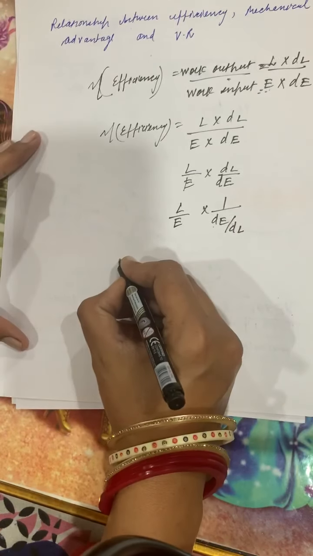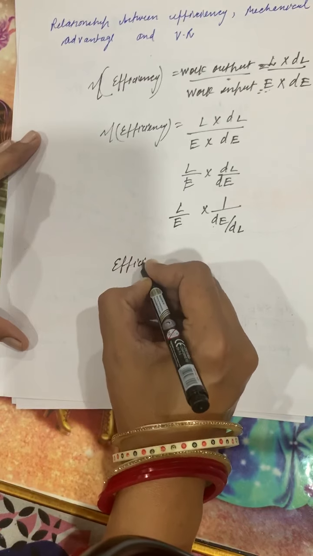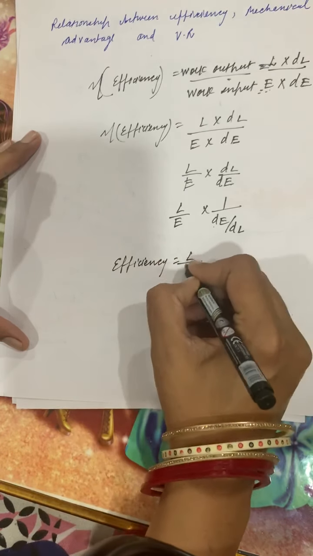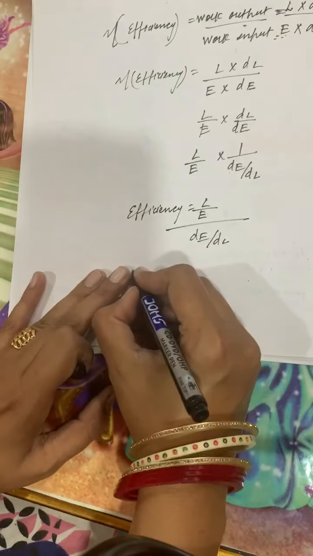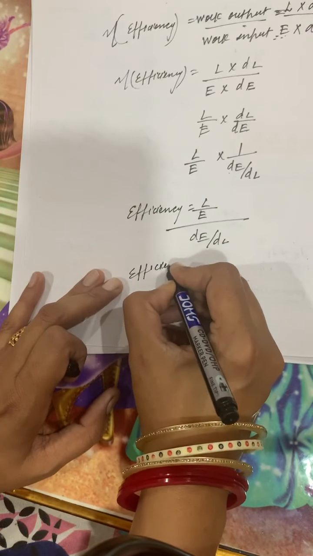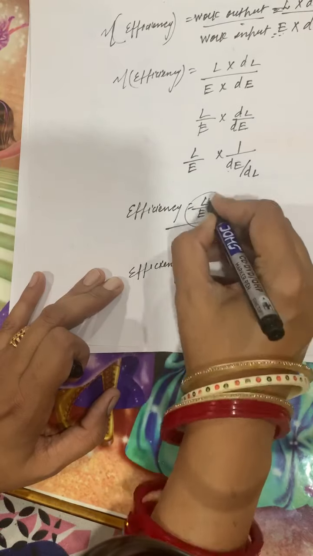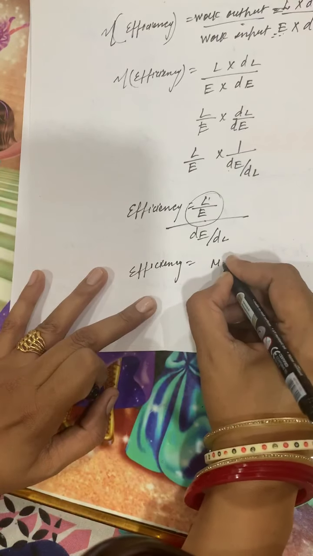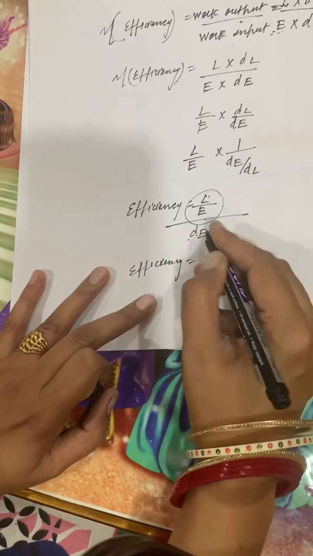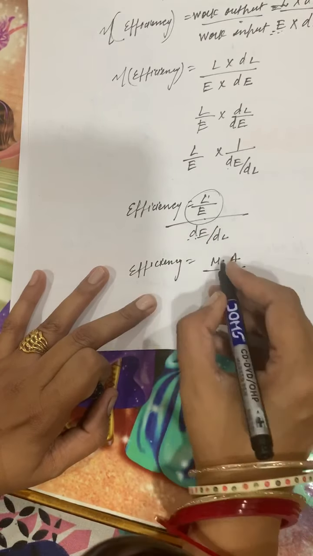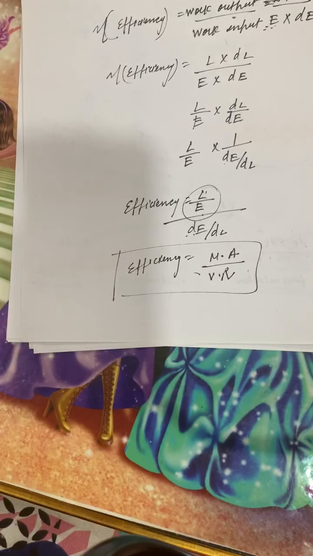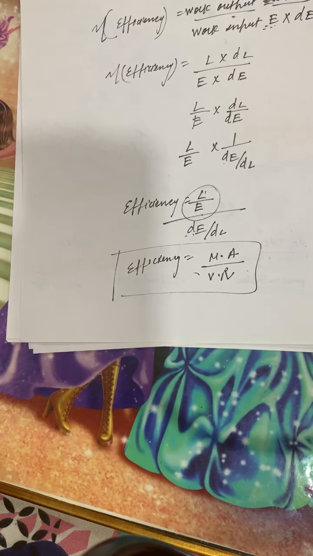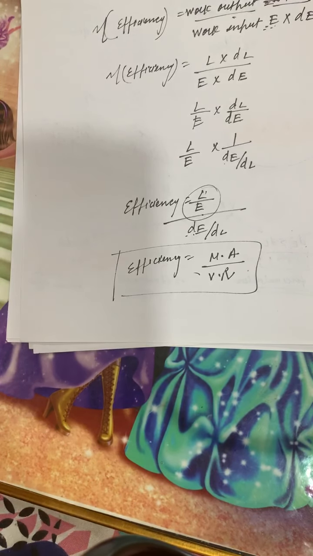So just by rearranging, we got efficiency equal to load by effort, that is mechanical advantage, times displacement of effort to displacement of load, that is velocity ratio. So this is the relationship between mechanical advantage, velocity ratio and efficiency.